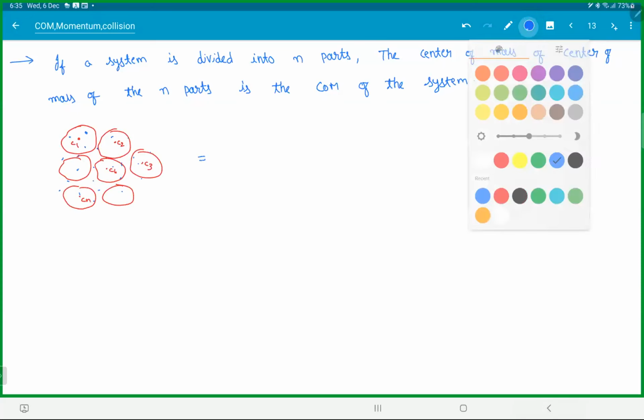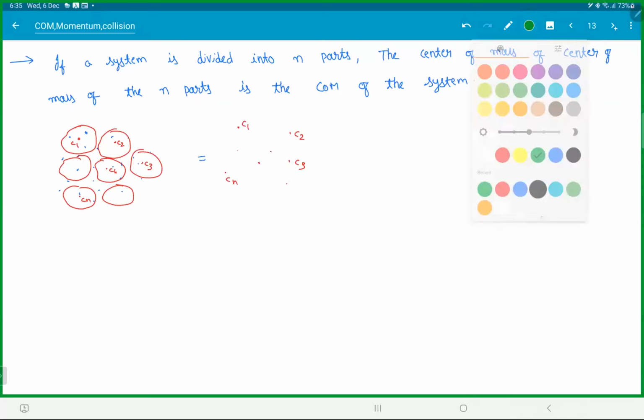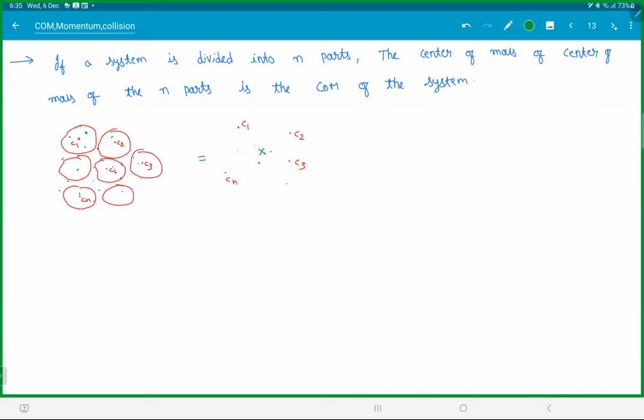If you treat these centers of mass as particles and find their center of mass, it will be the same as the center of mass of all the particles.